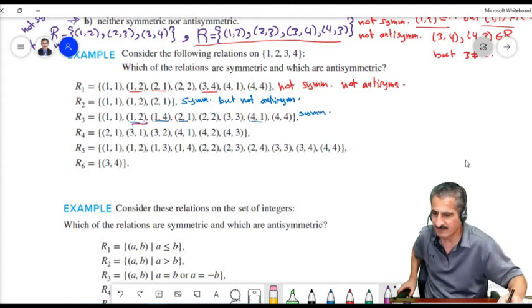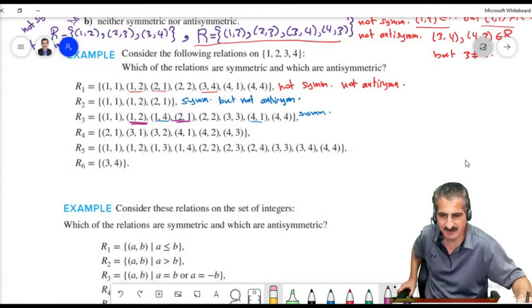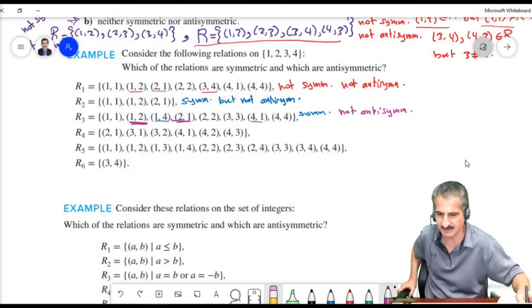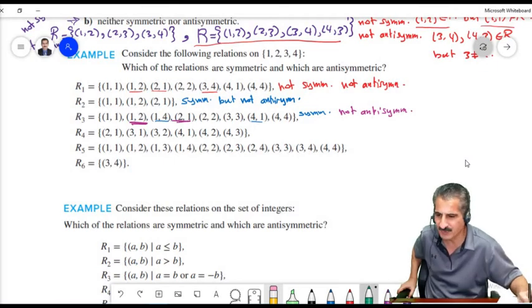We have (1, 2) and (2, 1), and then it is not anti-symmetric because we have 1 related to 2, 2 related to 1, and they are not equal. What about R4? Is it symmetric? Notice we have (3, 1), but we don't have (1, 3). So this is not symmetric, okay, Sumaya.